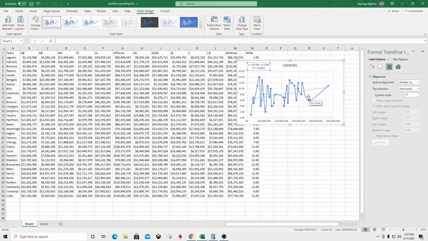The first information we get here is that let's just stick 0 in for X. If we spend no money on a quarterback, we're good for 6 wins. See that? $0 would turn this whole thing right here to 0, and then we get 6.23, which is roughly 6 wins.